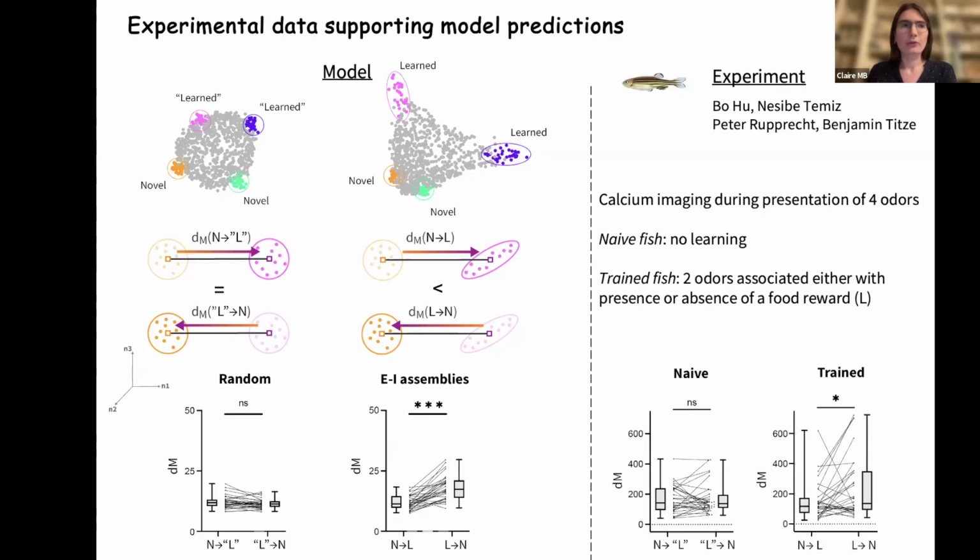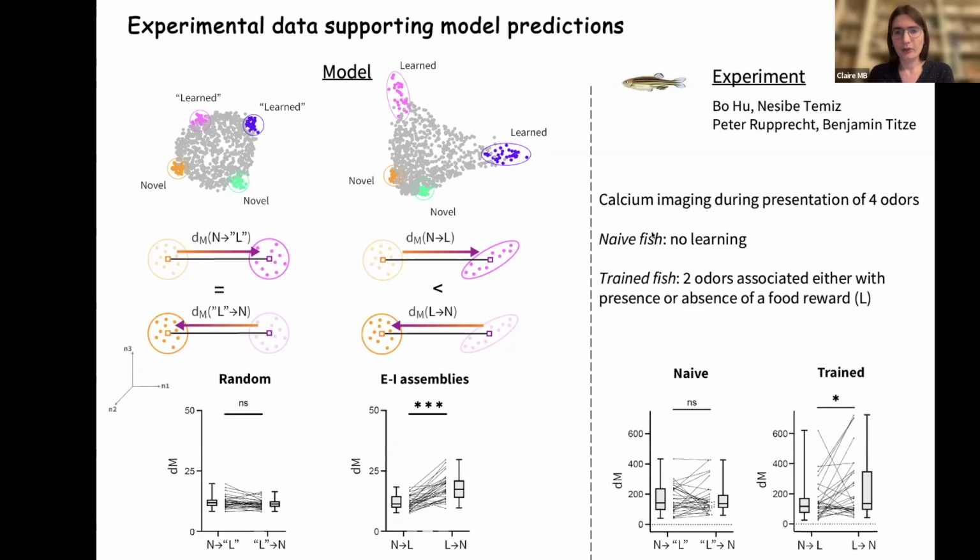And now I will show you data acquired and analyzed by people in the lab: Buhu, Nesibe Temis, Peter Ruprecht, and Benjamin Titze. They did calcium imaging during presentation of 4 odors in 2 groups of fish.